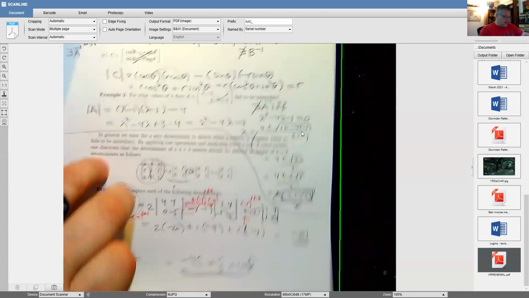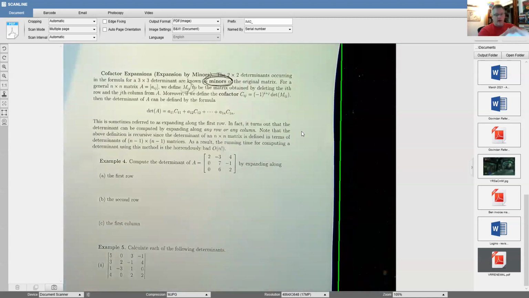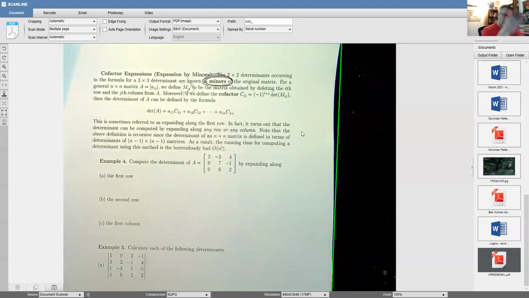All right. And so in general, I can do that. It doesn't matter if I choose the top row. I can choose any row or column that is convenient. And by convenient, I mean you want to use in general the row or column containing the most zeros, because it'll blot out more of the determinants you have to compute thereafter, right?